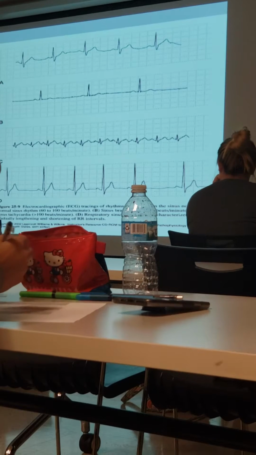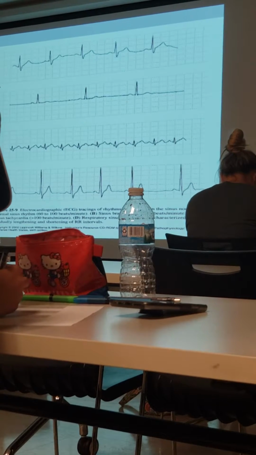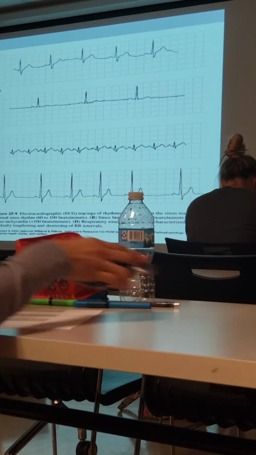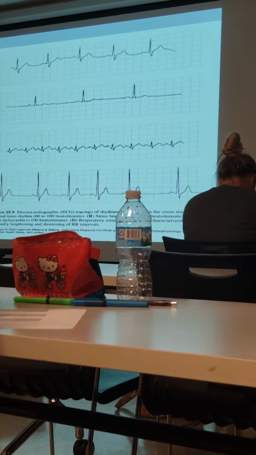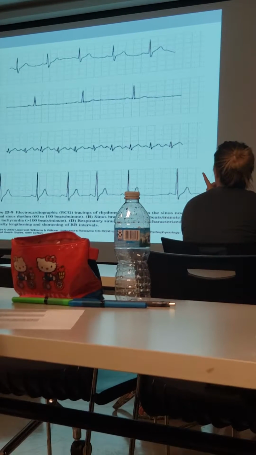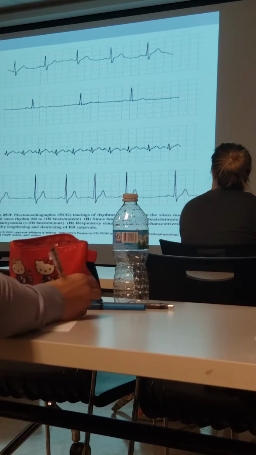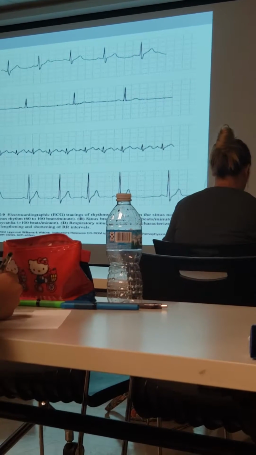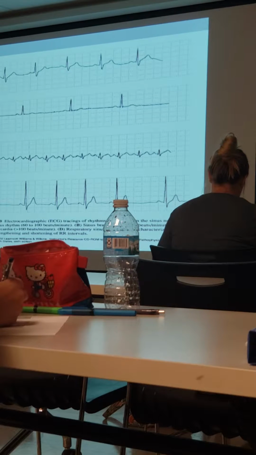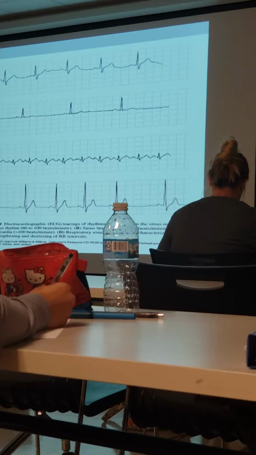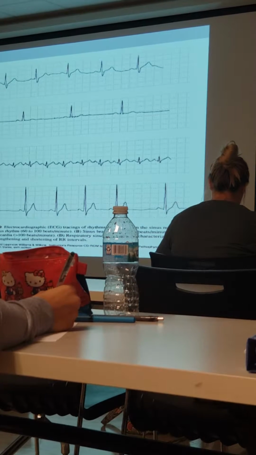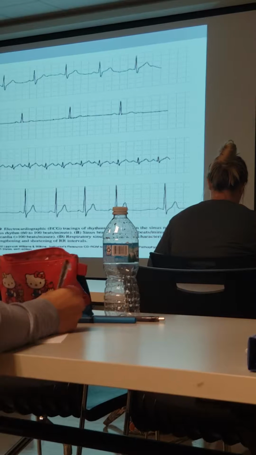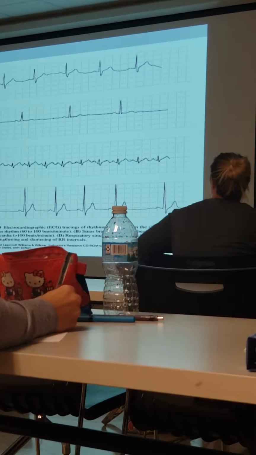So how about B? Sounds good. Now, is that less than what would be considered a normal rate? What's a normal rate? 60 to 100. So since it's less than, this is bradycardia.